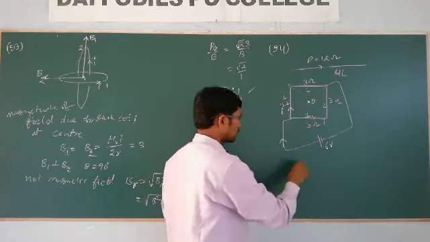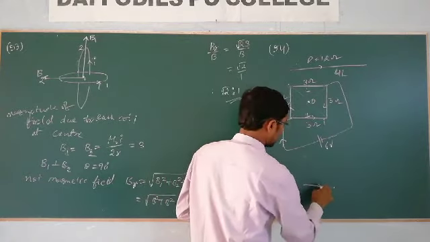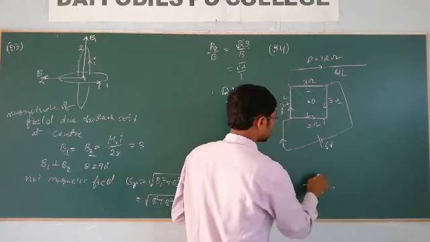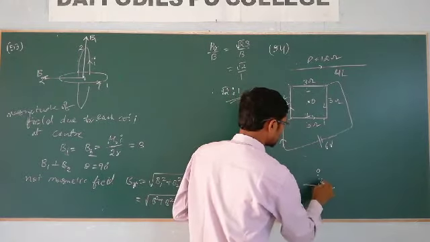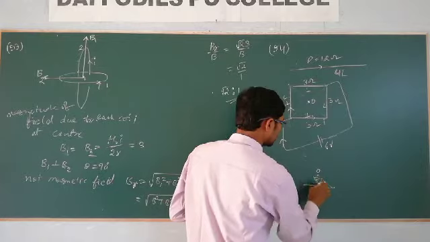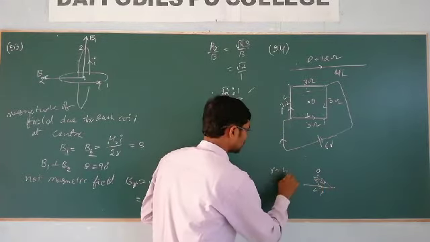That we know already. Let me take one side with current I, and at this point O, here it is 45 degree, here also 45 degree. If the side is L, then R is equal to L by 2.